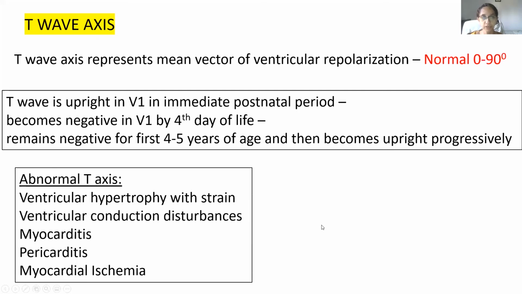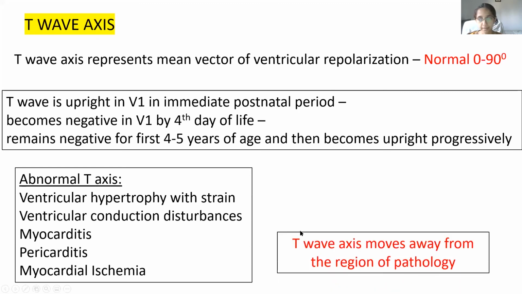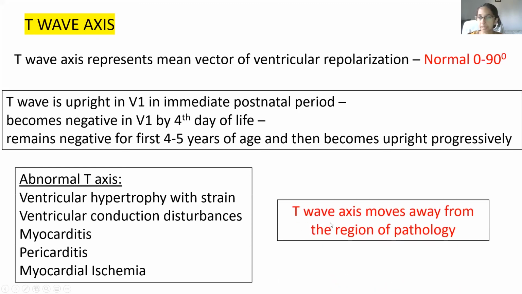Now, in isolation, if the T wave axis is not normal, the common causes are very similar to abnormal QRS, like ventricular hypertrophy, right or left bundle branch block, any myocardial ischemia, any pericarditis. The T wave axis, now this is a very important understanding: the T wave axis usually moves away from the region of pathology.